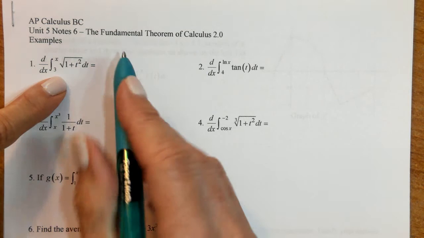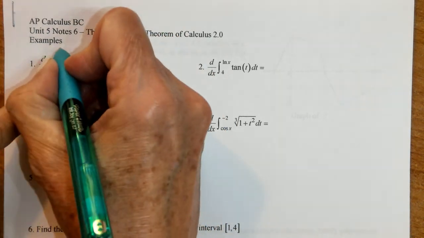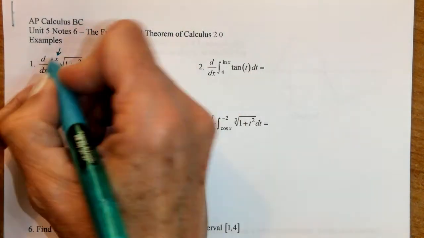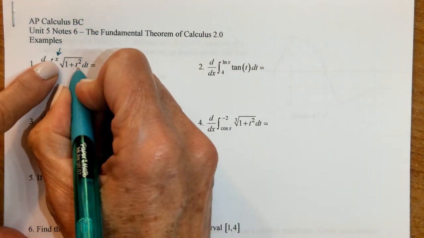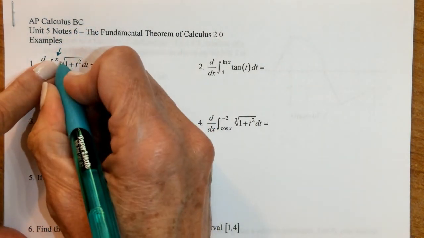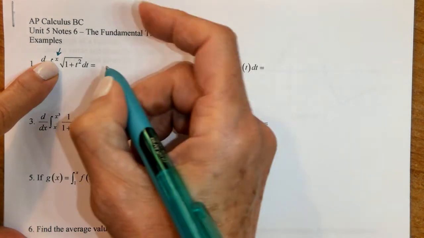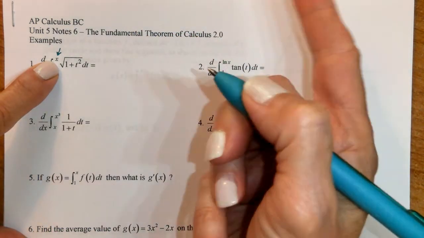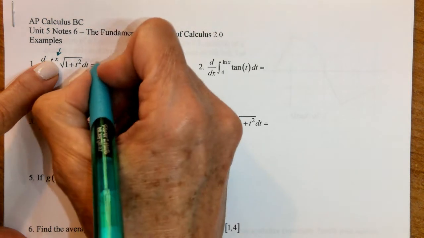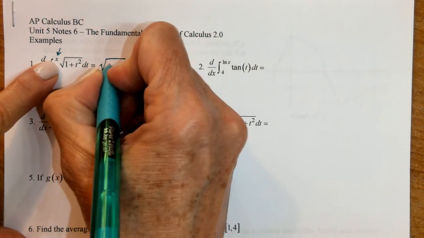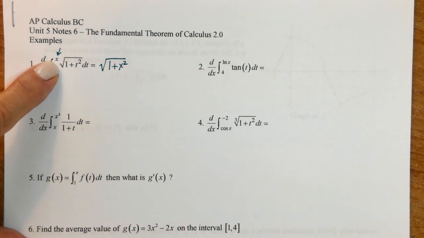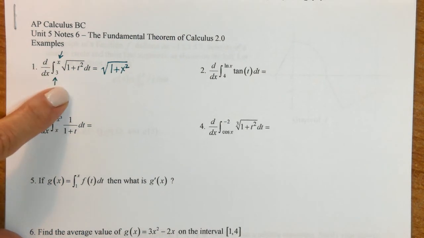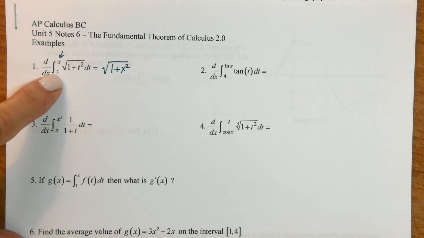I look at my top boundary, it's just an x. My bottom boundary is a 3. So I'm going to be replacing t with x. The derivative of x is just a 1. So if you want to use chain rule, you can, but that derivative is just going to be a 1. Square root of 1 plus x squared. Period. You're done. Because the derivative of 3 is 0.